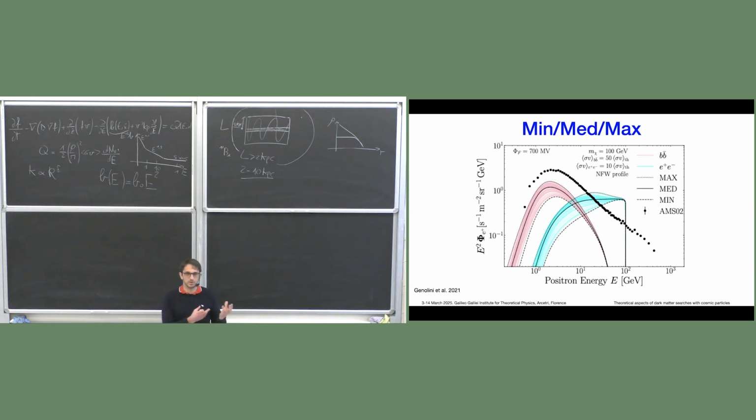So in this case, for positrons, what is the known astrophysical production? We have at least two. What are the known astrophysical mechanisms that generate positrons? The scattering, exactly.